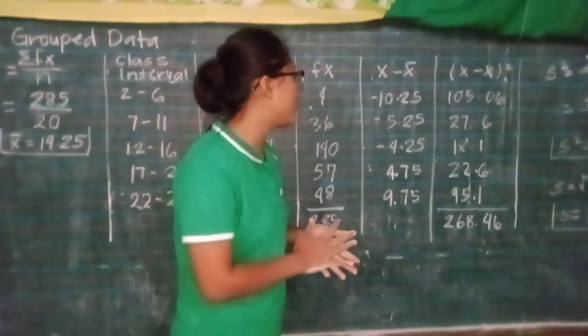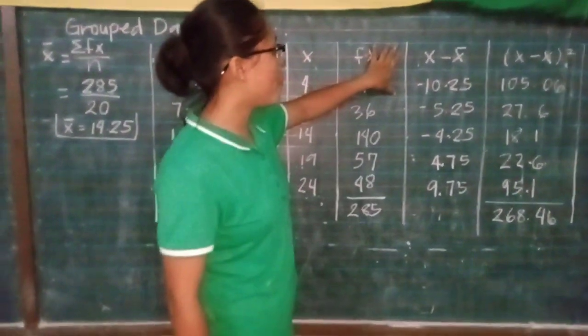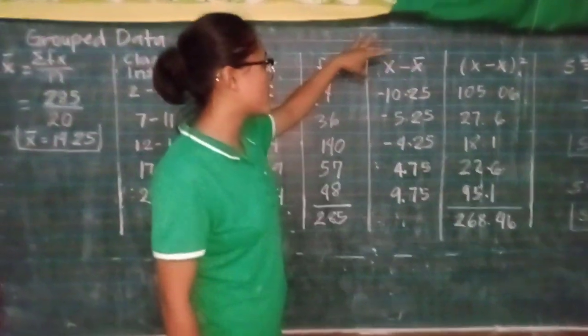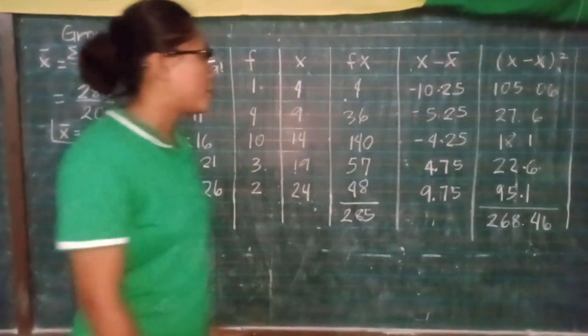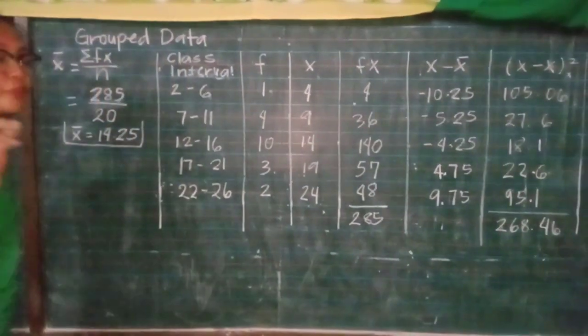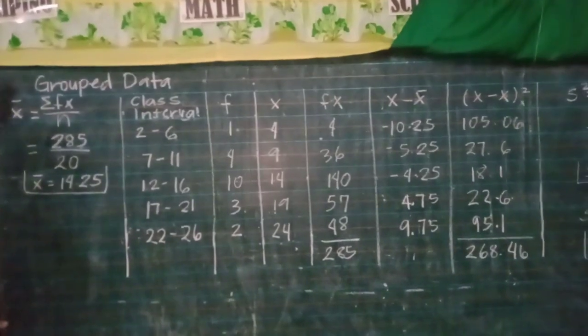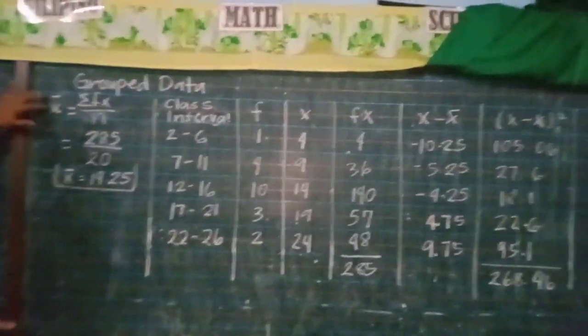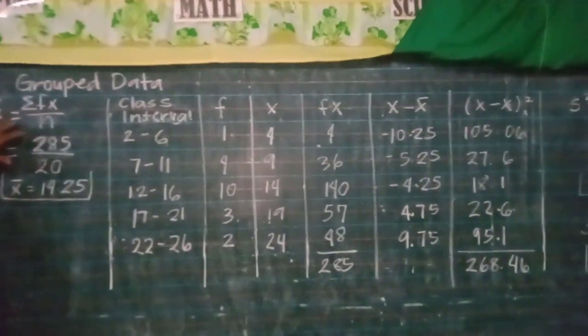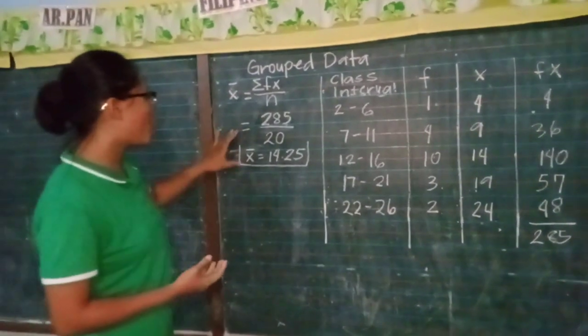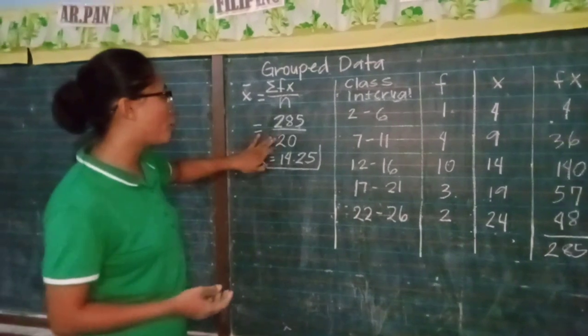And proceed to the next column, and that is the x minus mean. But before that, we will find our mean, and we will use this formula. The mean value of x is equal to summation of fx over n, equal 285 over 20.